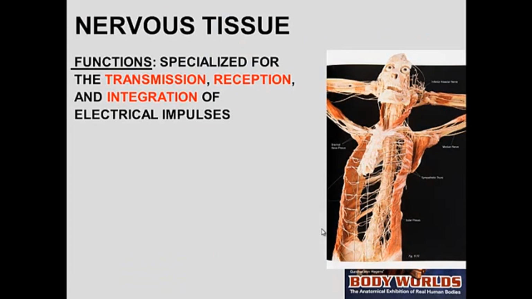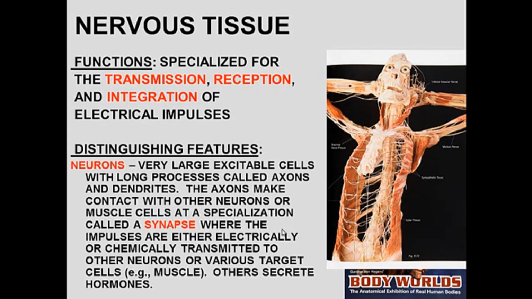So what's the function of nerves? Nerves are specialized cells for transmission, reception, and integration of electrical signals. So they transmit, they receive, and they integrate signals to coordinate activities of the body.